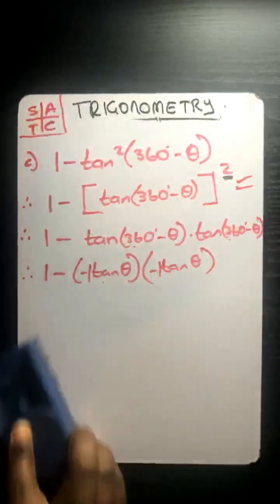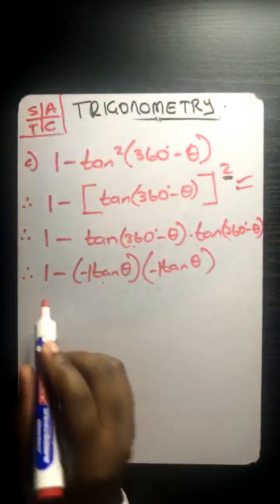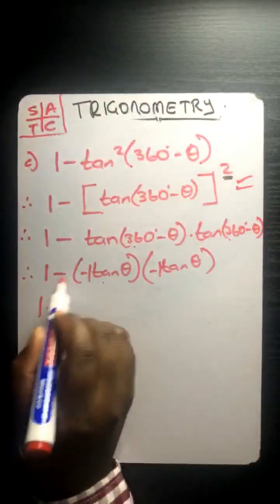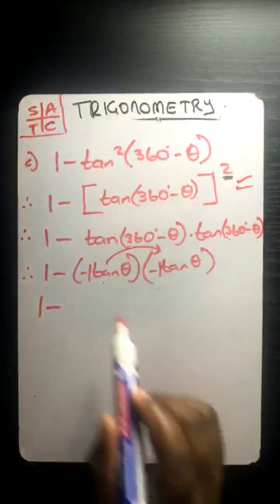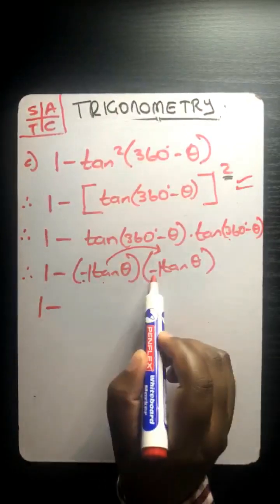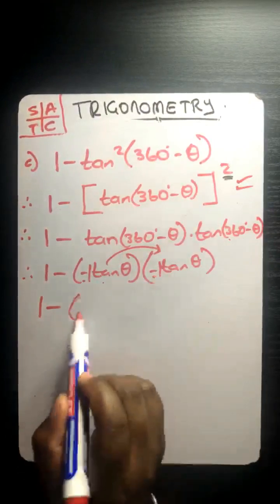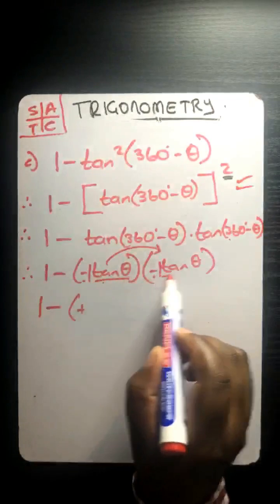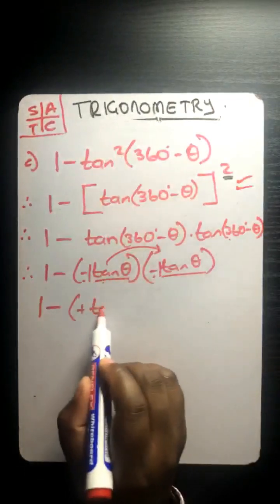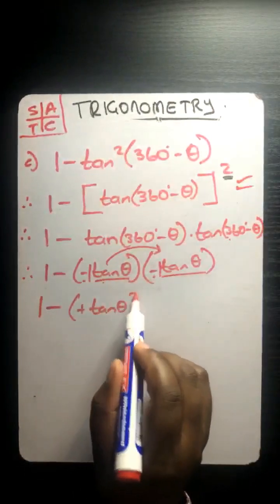Okay, so on that one, you are having this one and that minus there. So it's more like you're multiplying that by that. Can you see? It's negative multiplying negative, it gives you positive. It's a tan angle multiplying tan angle, so it's more like you are having tan angle squared.